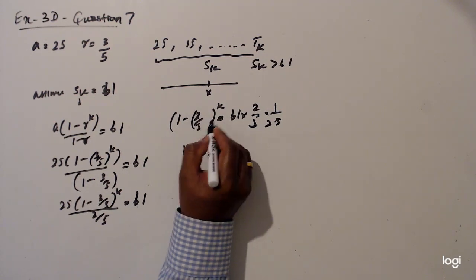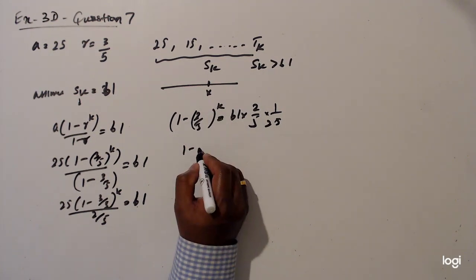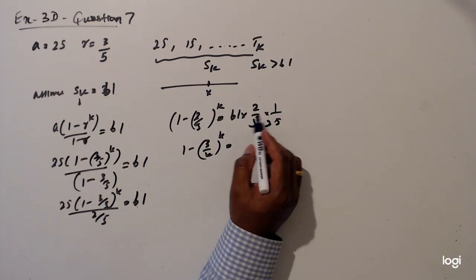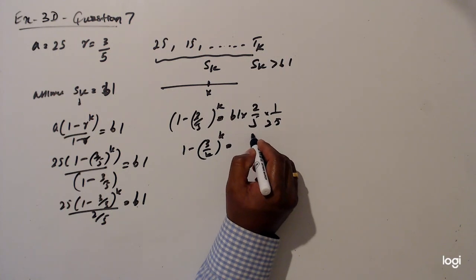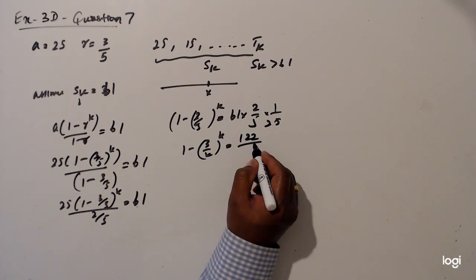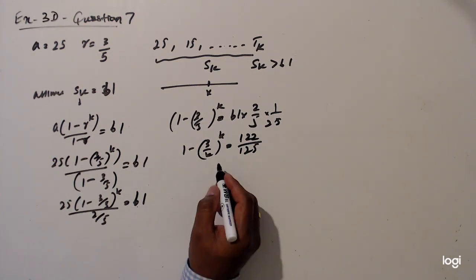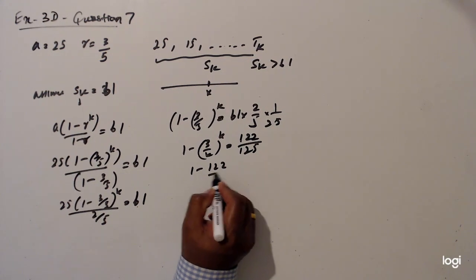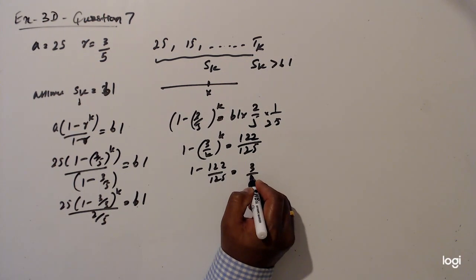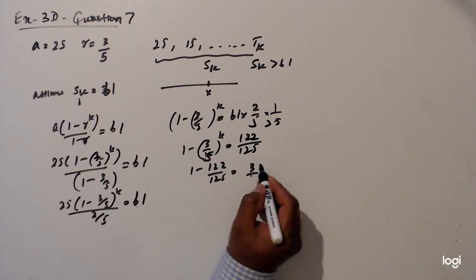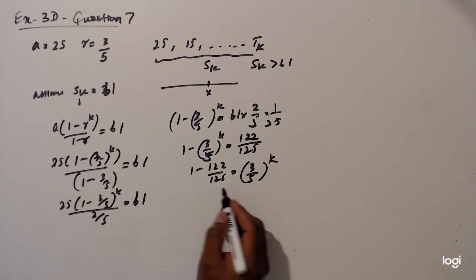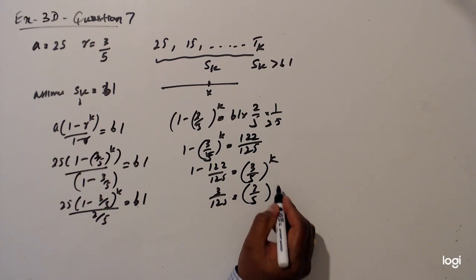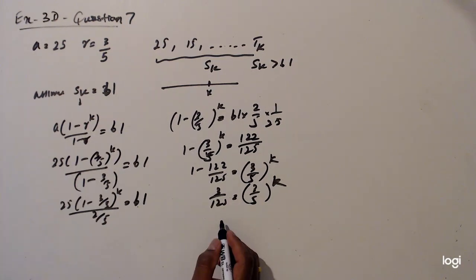So 1 minus 3 over 5 to the power k is 122 over 125. So the 3 over 5 to the power k, I'll bring to the other side. 1 minus 122 over 125 equals 3 over 5 to the power k. This is going to be 3 over 125 equals 3 over 5 to the power k. I'll change the side.